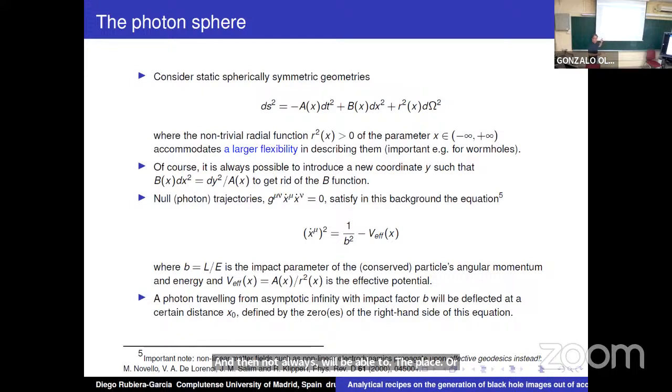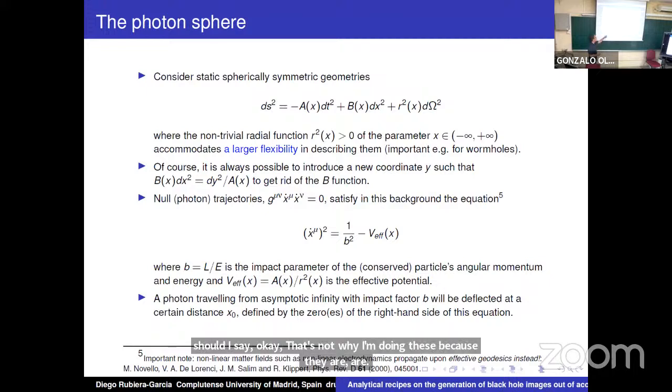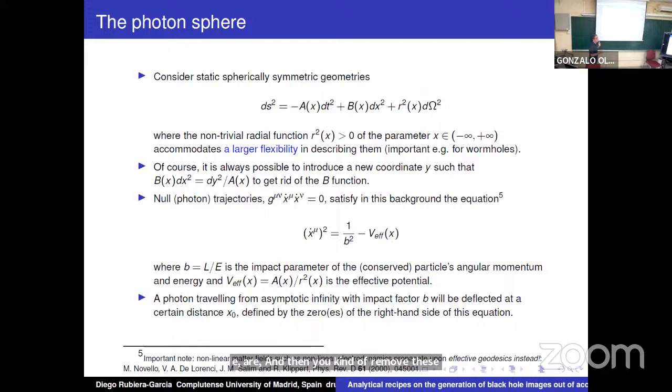Why am I doing this? Because there are spherically symmetric objects like wormholes in which the radial function is not trivial. And then you can remove this r squared to x squared. So to have a larger flexibility, we keep this and work in general with this. Okay.